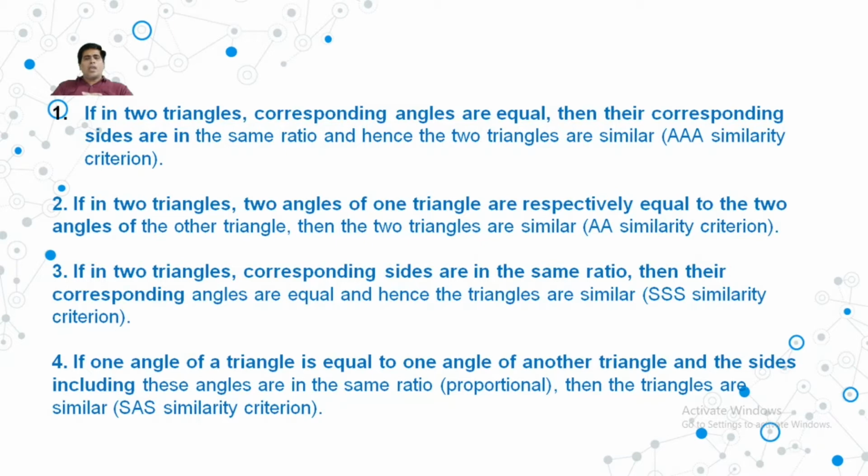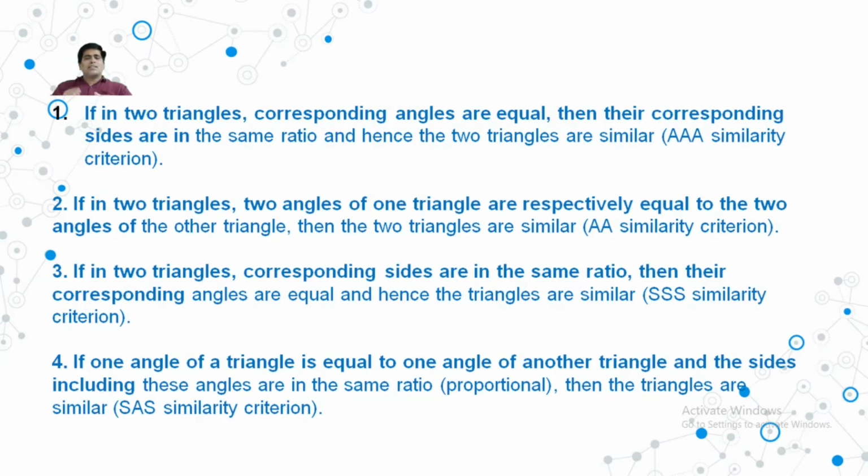We have AAA similarity as well as AA similarity. Actually both are the same. In a triangle, if 2 angles are equal to 2 angles of another triangle, the third angle is automatically equal. So the AAA criteria and the AA similarity are both the same.